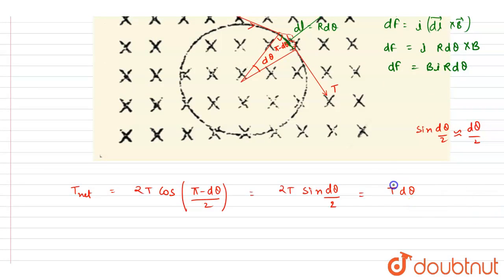So if you see, the tension force on this small element is this, and the magnetic force is this. So the net force toward the center, that is dT net, minus this small dF force, is equal to dm omega square r.